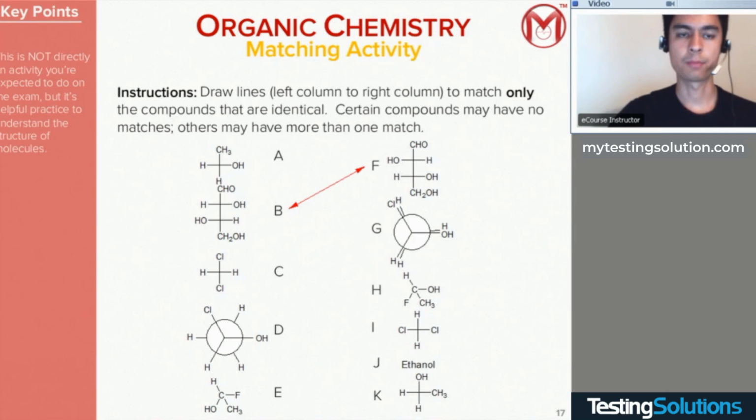For example, if you think B and F are identical, you match them. But to be clear, I only want you to match them if they are unambiguously identical. If they are definitely the exact same molecule, you match them. If there's any ambiguity, if they may or may not be the exact same molecule, don't match them. So go ahead and try this out, and when you're ready, we'll discuss.